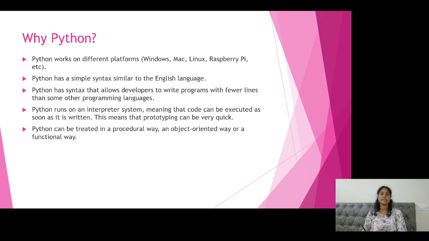Python has syntax that allows developers to write programs with fewer lines of code than other programming languages. Python runs on an interpreter system, meaning that code can be executed as soon as it is written. This means that prototyping can be very quick.